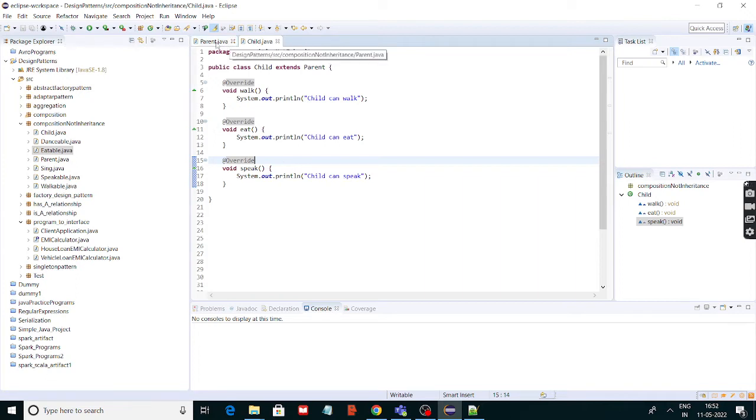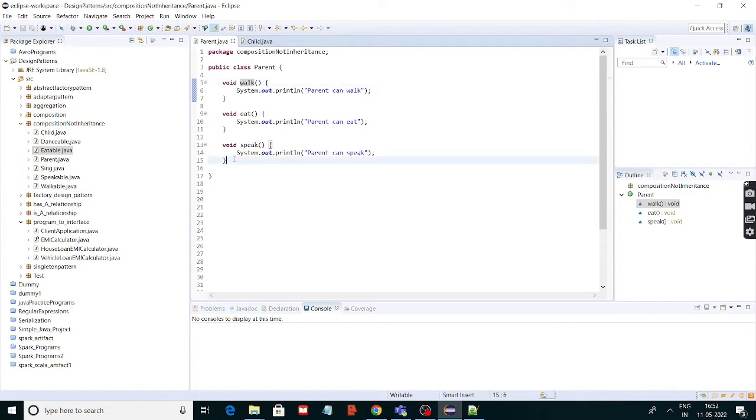So now let's consider, down the line, the parent wants to learn singing, because the parent is interested in singing. So the parent has incorporated singing skills in him.